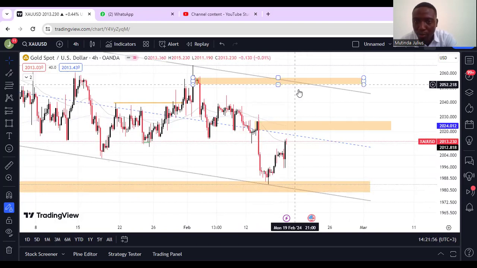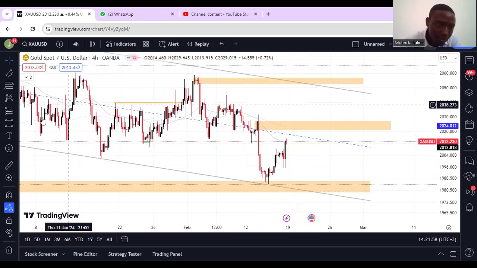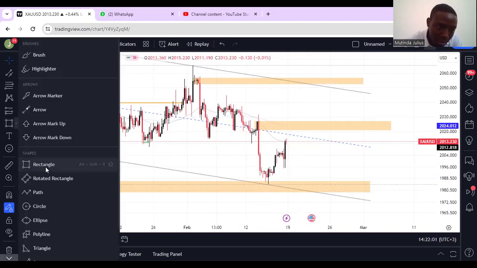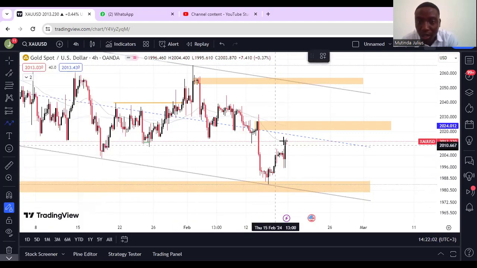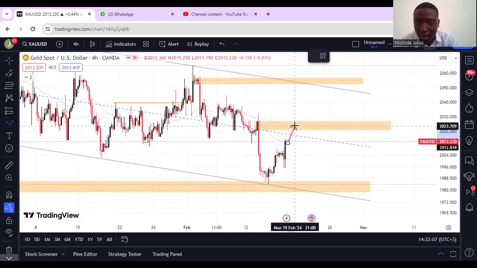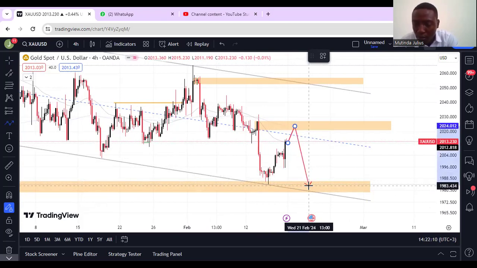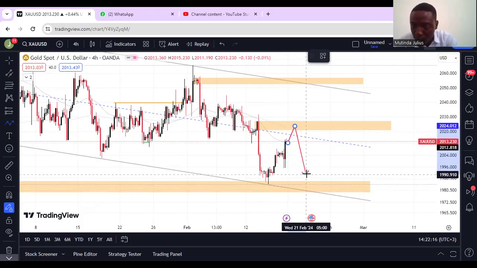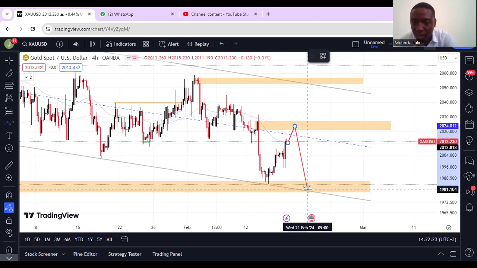So we are expecting price to continue pumping higher to a point, but maybe this is my expectation, or this is what we are supposed to do if we are doing this together. Maybe the market comes to this point and pulls back again to this block around 83 or 93. The price can pull back to this block, which is 93, 91, or can pull back to the starting point, which is 80, 81, 83.